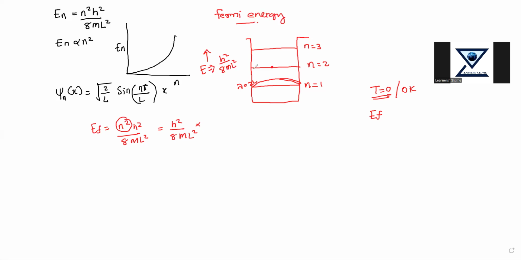When n equal to 2, the wave is like this, then lambda is 2L by 2, that is equal to L. Here for n equal to 3, the wave is like this, then lambda is 2L by 3. If n is equal to 4, then lambda is 2L divided by 4, that's equal to L by 2.